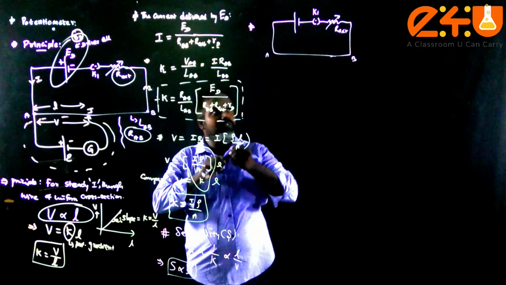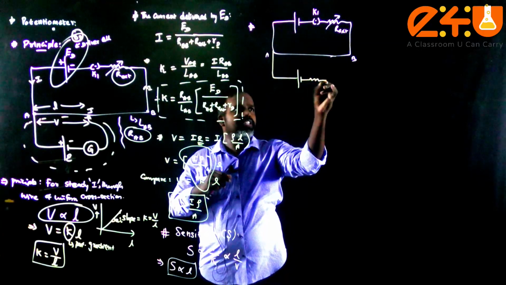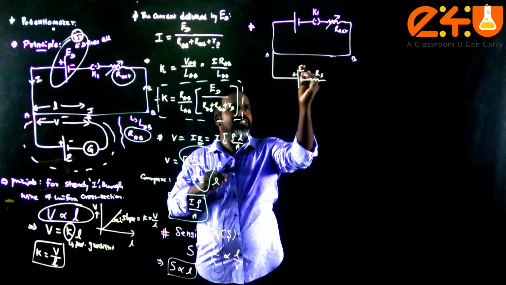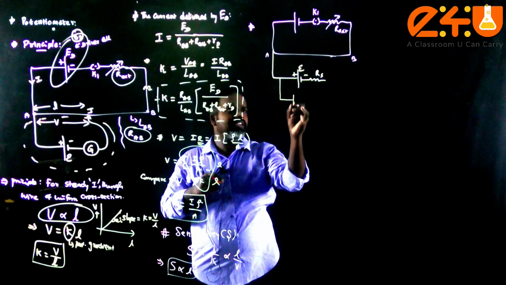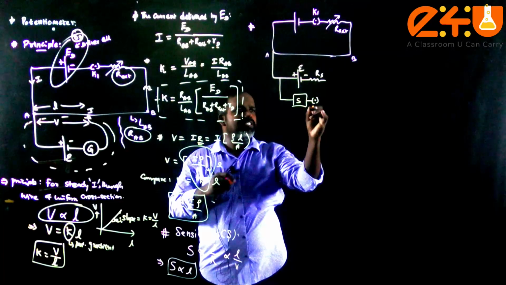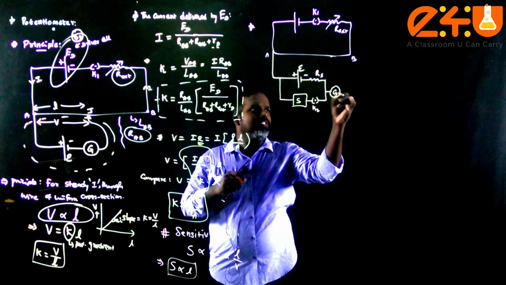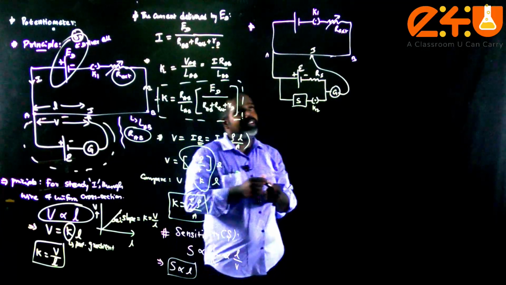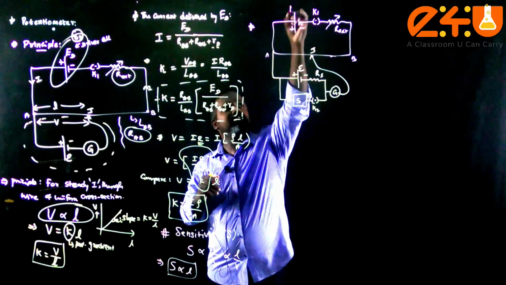Now the secondary circuit is the cell of EMF E, connected with some series resistance RS, and there is a parallel or shunt resistance S connected parallel to the given cell. Say this is key K2 and then it is connected to G. So this is the experimental setup for the potentiometer. As we said earlier, this will be E driver.